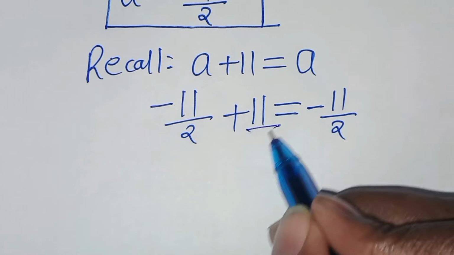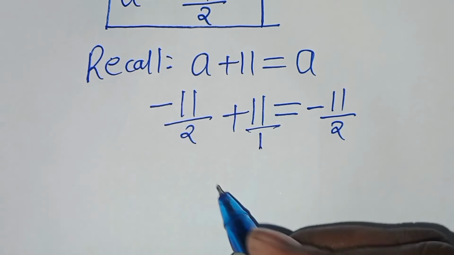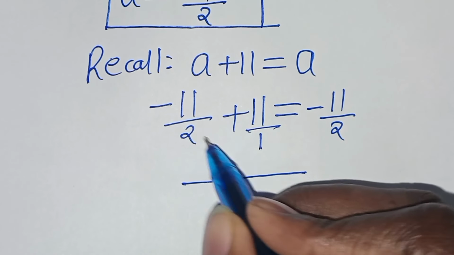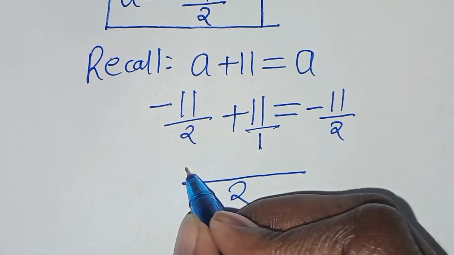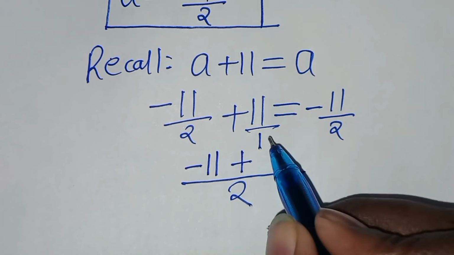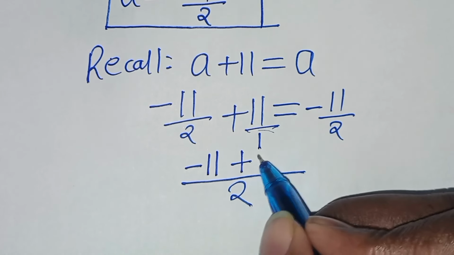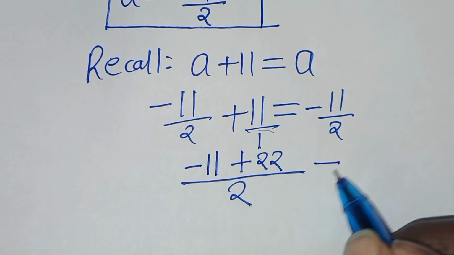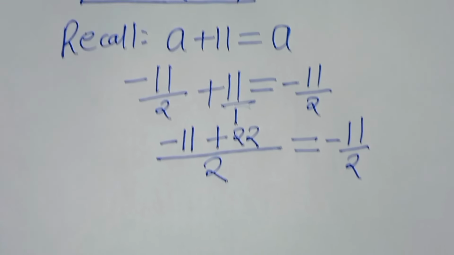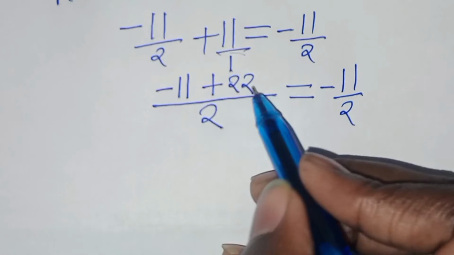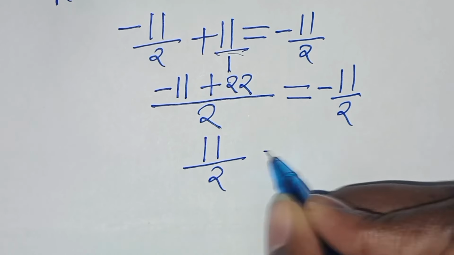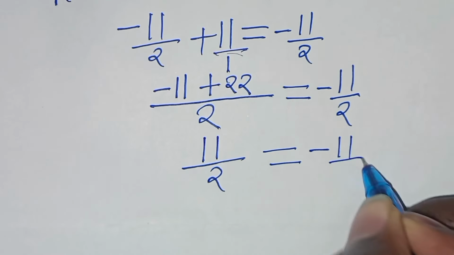Since 11 is a whole number, the LCM is 2. So 2 divided by 2 is 1, 1 times minus 11 gives minus 11, plus 2 divided by 1 is 2, times 11 is 22. This is equal to minus 11 over 2. So minus 11 plus 22 becomes 11 over 2, which is equal to minus 11 over 2.